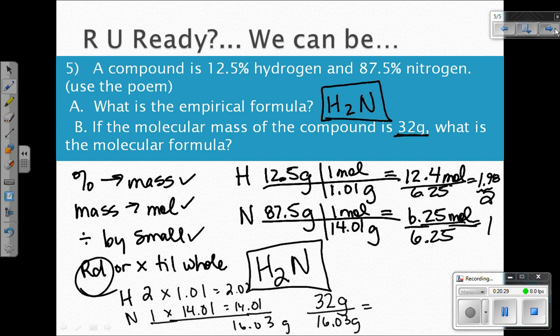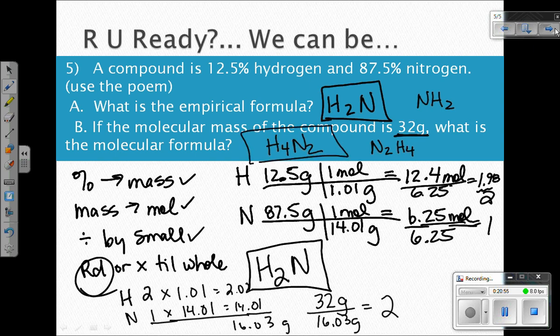That roughly is 2, which means that I'm going to take my formula up here and multiply the subscripts by 2. So that means that this will be H4N2. Now, if I wanted to have written it as N2H4 and also have written it NH2 up here, I could have.